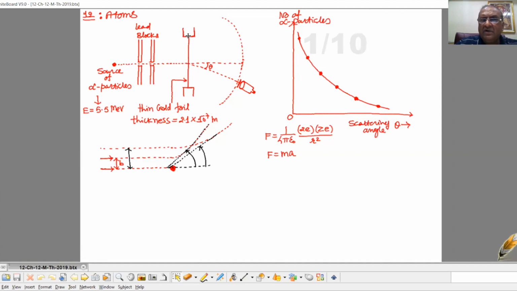This gold foil was very thin, of the order of thickness 2.1 into 10 raised to minus 7 meter.